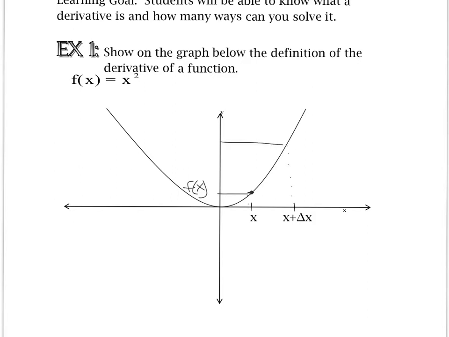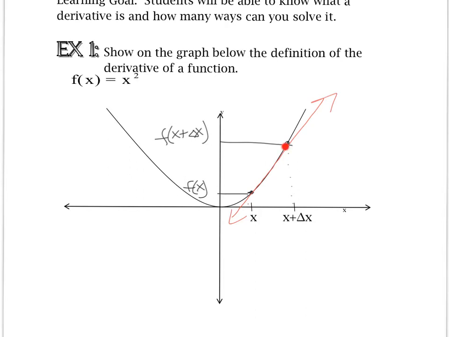My lines may not be totally straight here, and that would be f of x plus delta x. The point is that we could find a line between these 2 points, right? And it would be really close to the tangent.